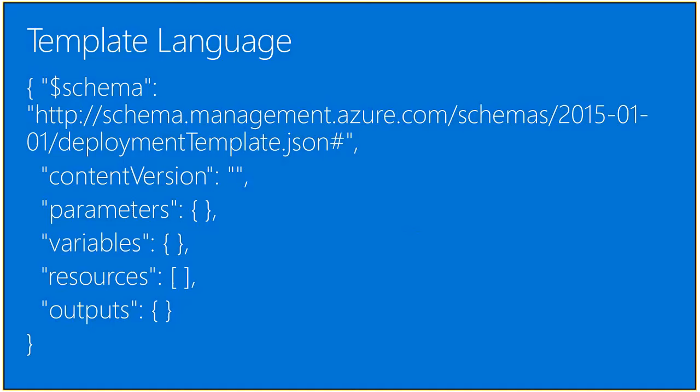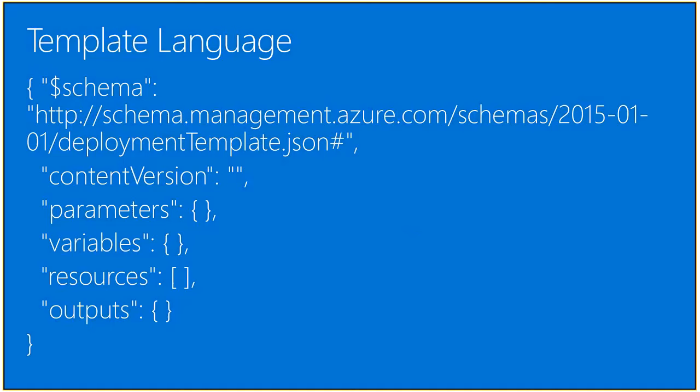Parameters, we have talked about. Variables is something you can use in your resource definition. For example, if a customer gives you a username and password, and in some places in your resource definition you need to combine them into a connection string, you can use a variable to combine different parameters with other strings and reuse it in the resources definition.